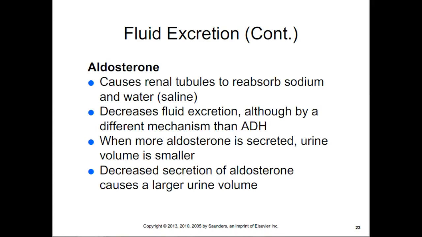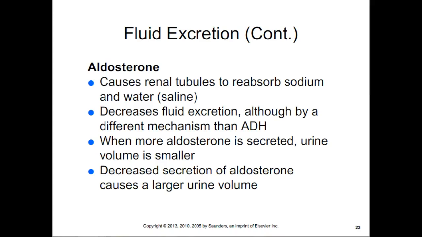All right, so it causes the renal tubules to reabsorb sodium and water, right? Decreases fluid excretion, but it's a different mechanism than ADH. When more aldosterone is secreted, urine volume is smaller. So decreased secretion of aldosterone causes a larger urine volume.